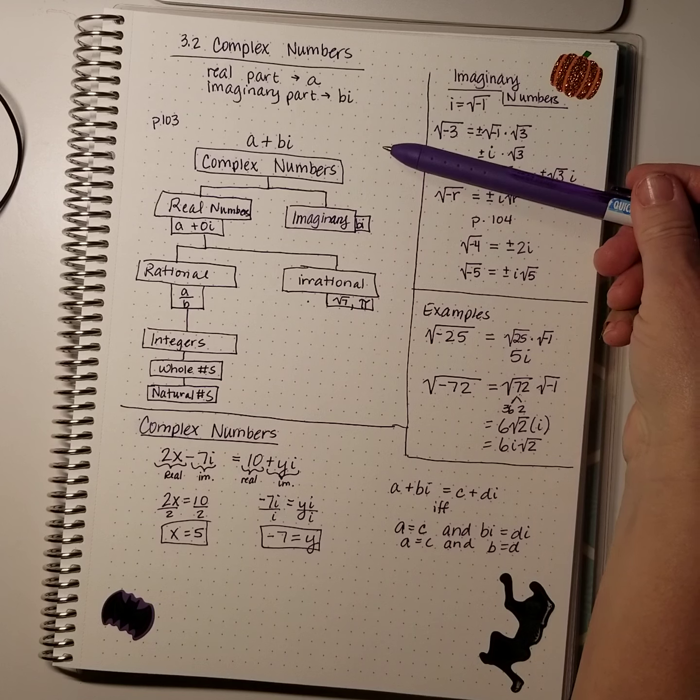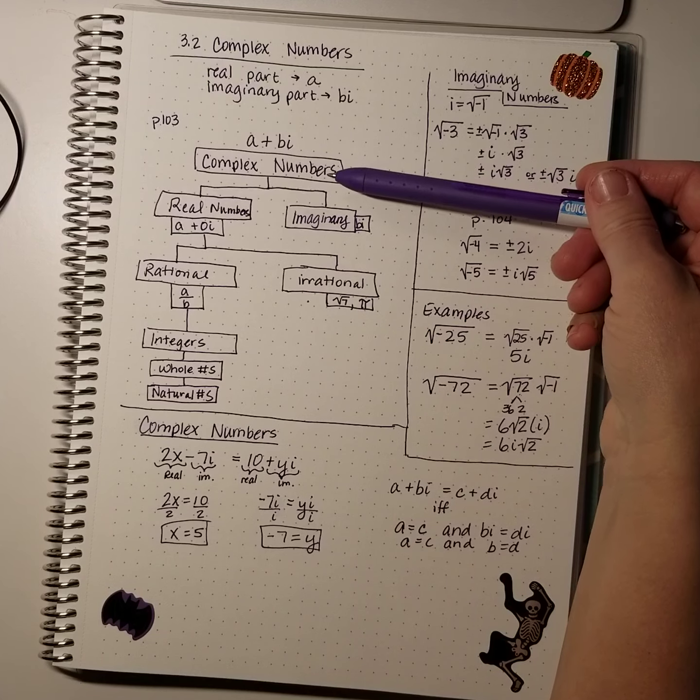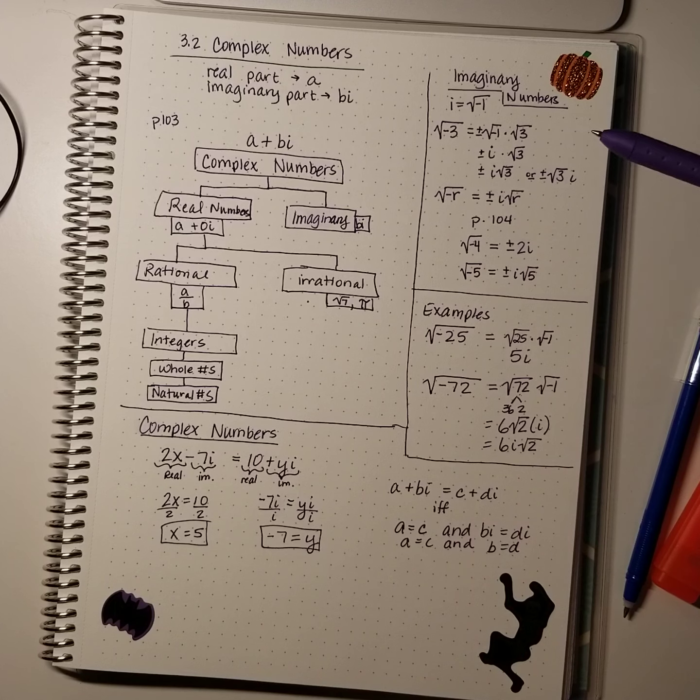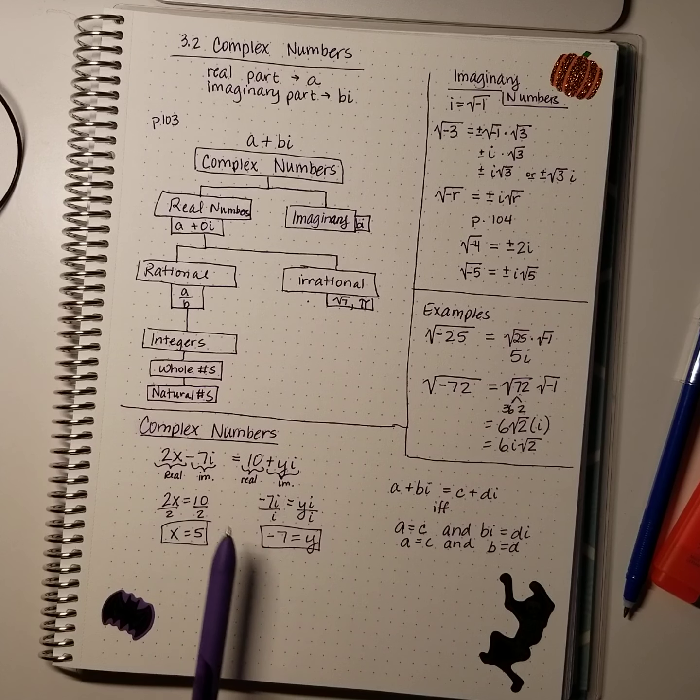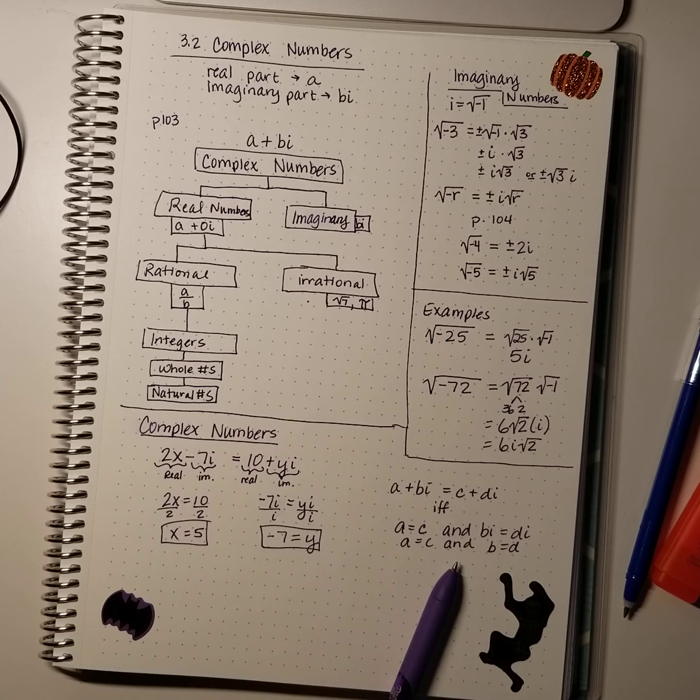What are complex numbers? How do they fit into our number system? What are imaginary numbers? How do we take the square roots? And then how do we look at complex numbers and set them equal to each other? What rule do we need to follow to make that true? All right, next video will be on operations: adding, subtracting, multiplying, and dividing.